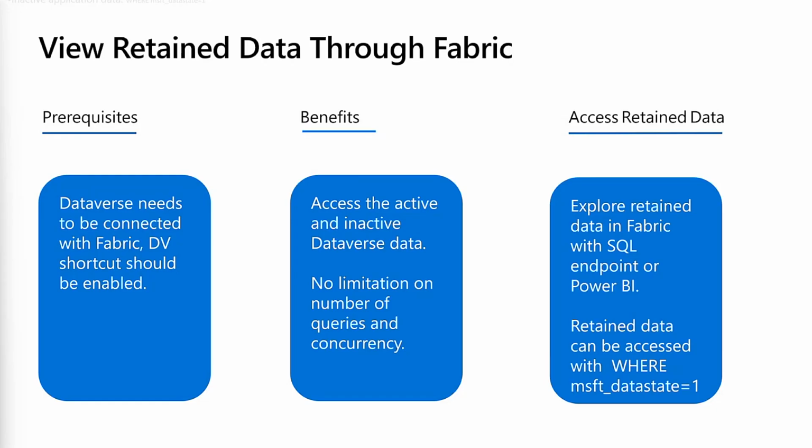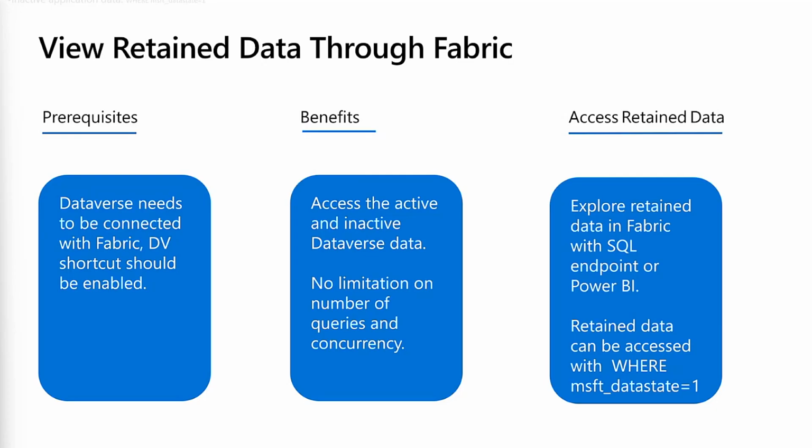And once you enable the Fabric shortcut, all the active and the inactive data that you have stored, that you have enabled, will be accessible through Fabric. And there, in Fabric, you can use SQL to query all the data.